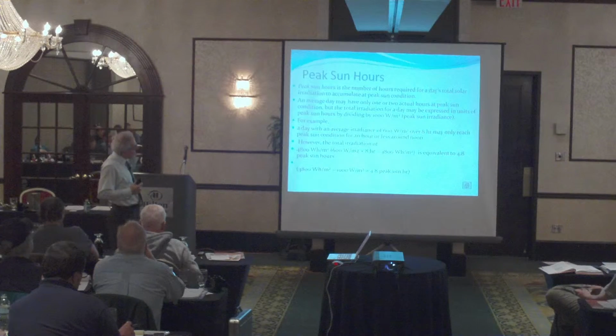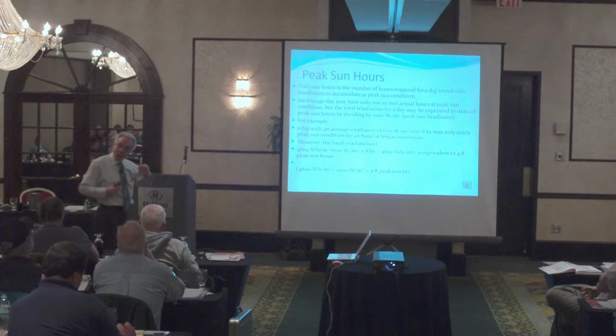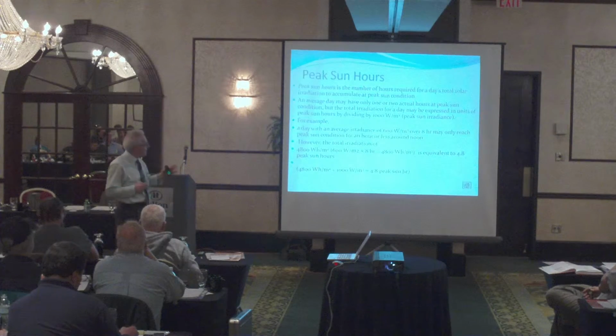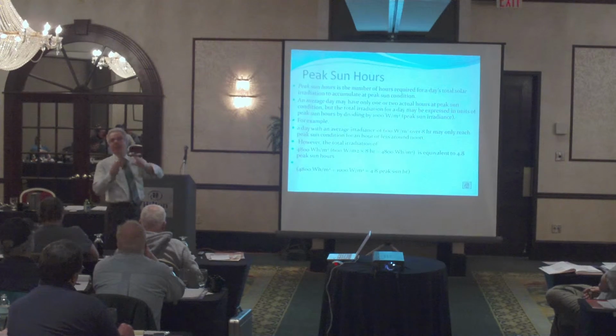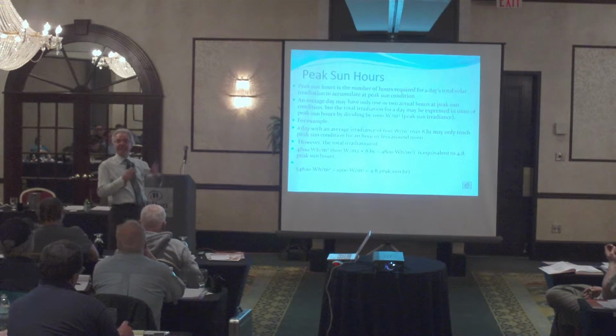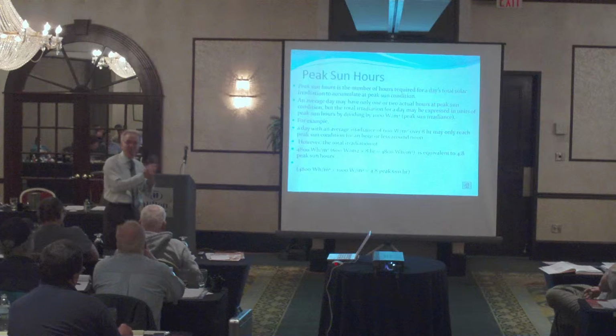So provided I get 1,000 watts per square meter, my peak sun irradiance, and I monitor how much I get over the whole day, I can divide by that amount, and I have so many sun hours.